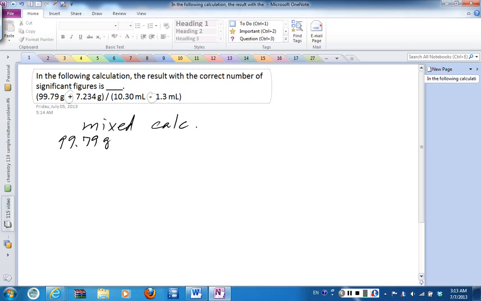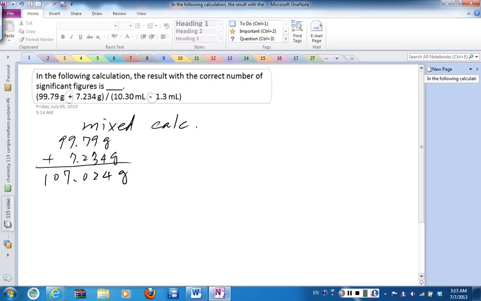99.79 grams plus 7.234 grams should give us on the calculator 107.024 grams. Okay, but think about it.